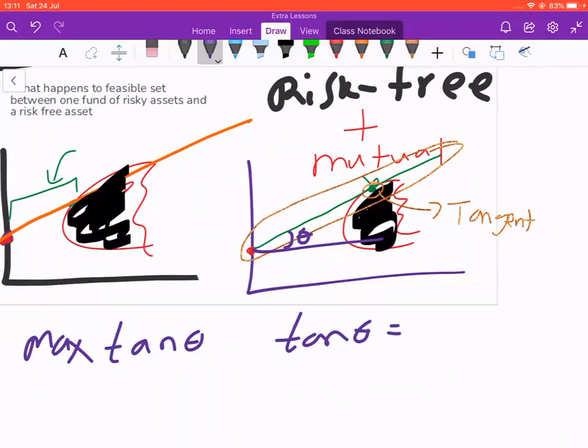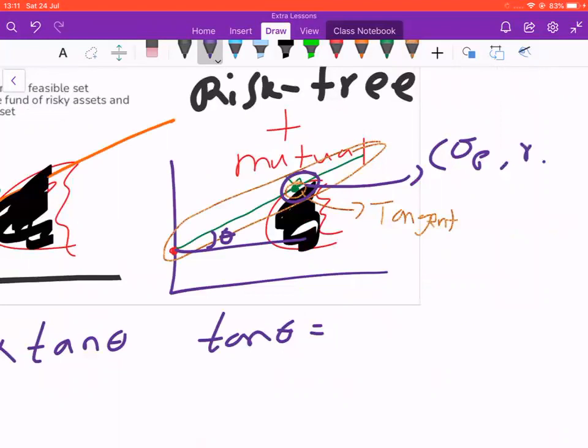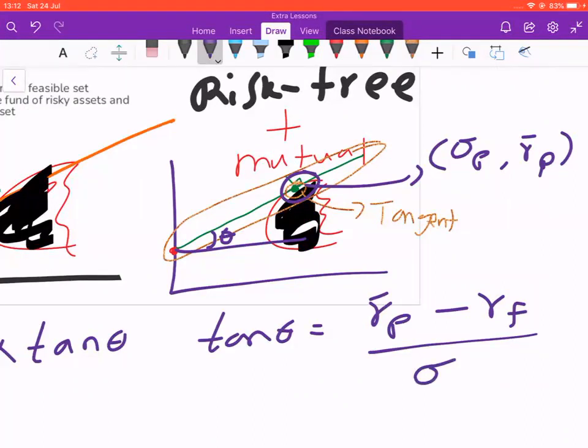This point over here, we can say it has a risk of P and a return of P. So to find the tangent, you take the return of P minus the risk-free rate, over the variance of P minus the variance of our risk-free rate.